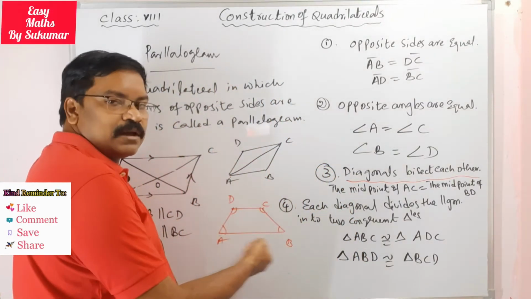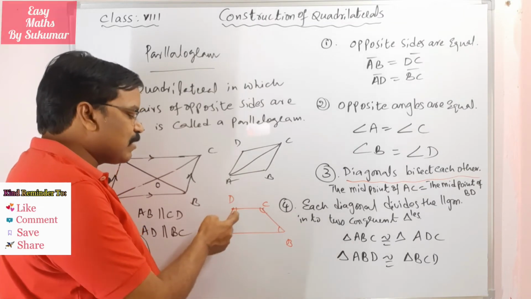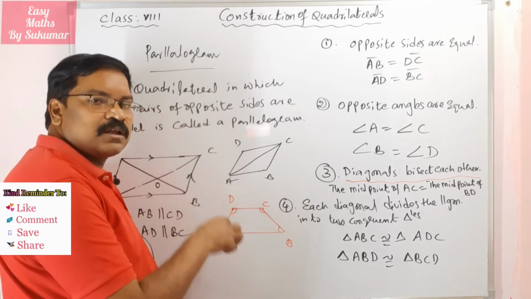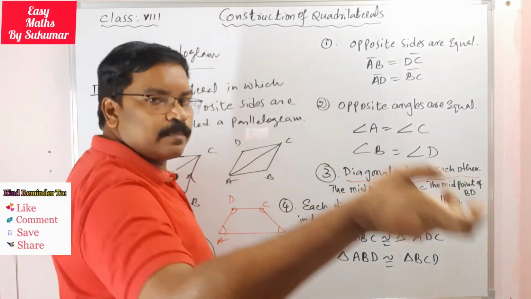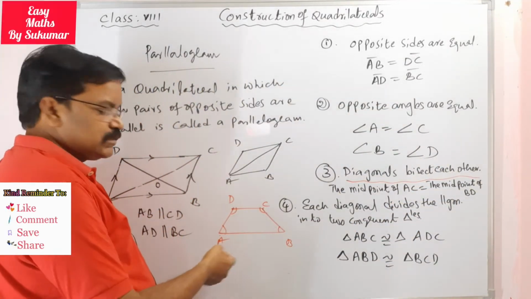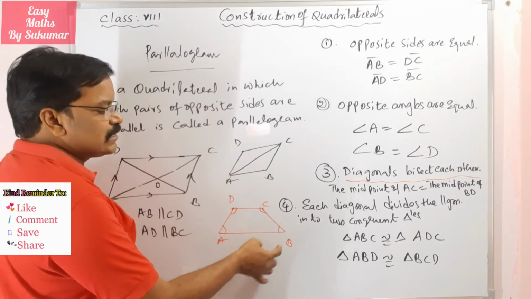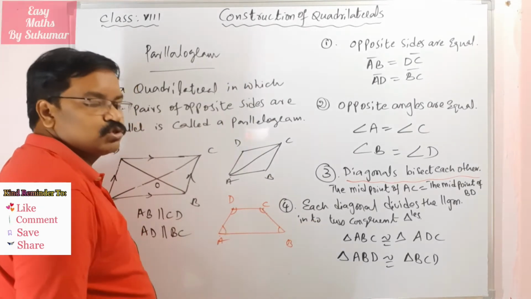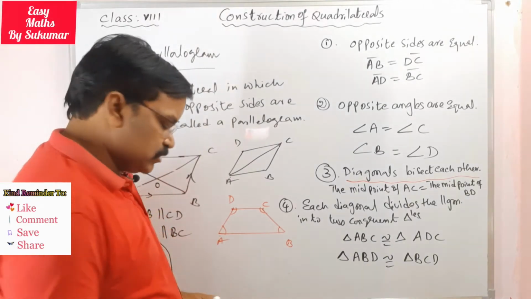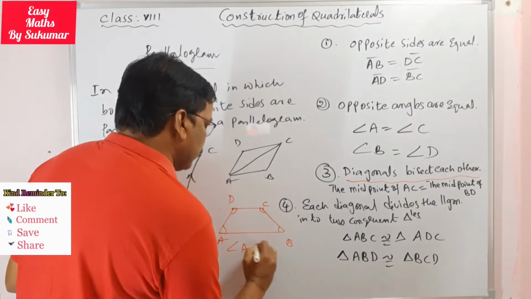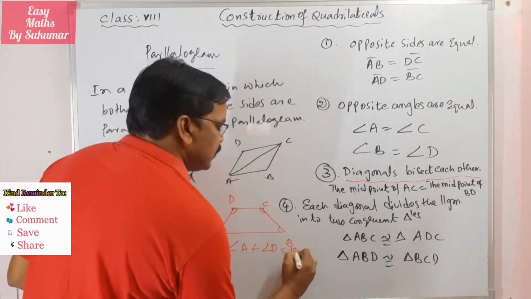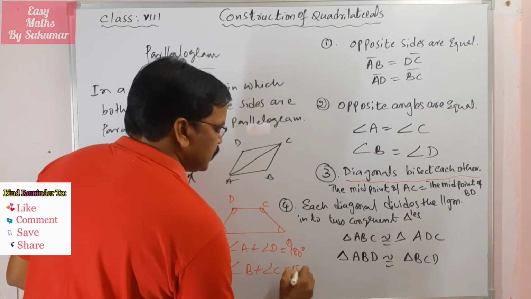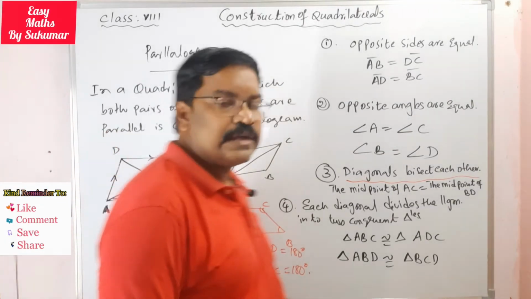If two lines are parallel intersected by a transversal, then sum of the interior angles on the same side of the transversal are supplementary. According to that property, the sum of these two adjacent angles is 180 degrees or supplementary. So we can write angle A plus angle D is 180 degrees. Here also angle B plus angle C is also 180 degrees.